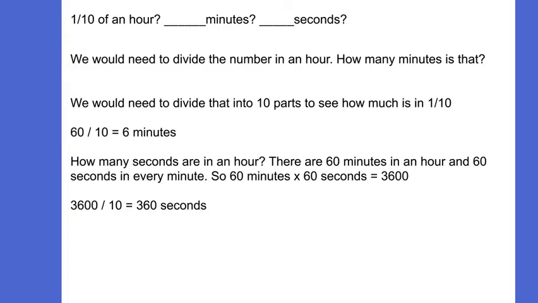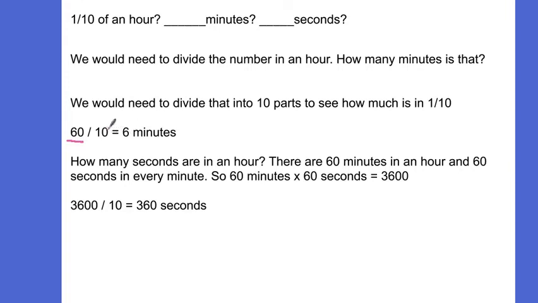This is basically a division problem because you want to know what 1/10 is. So you want to split up an hour into 10 parts, right, to see what 1/10 of it is. Well, how many minutes are there total in an hour? Well, we know that there are 60. So if we divide 60 by 10, we get 6 minutes, right?